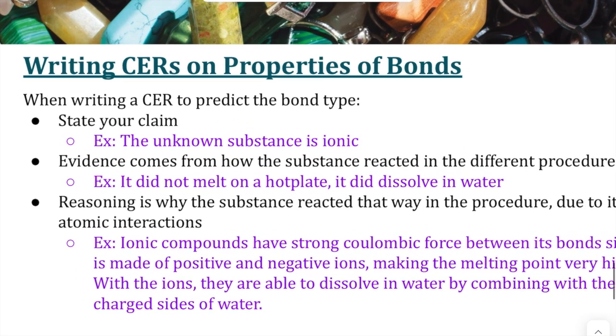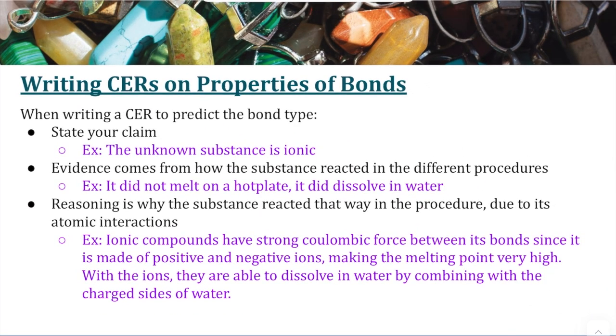So if we want to look at writing a CER, claim, evidence, reasoning, if I want to say I know that this substance is ionic or covalent, my claim is going to be about what type of bond I think is occurring. My evidence is going to be observations. So what did we see when we tried to melt the object? We're not going to know what these substances are, so we can't talk about their atomic structure.